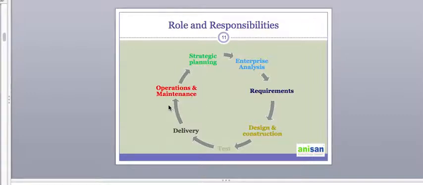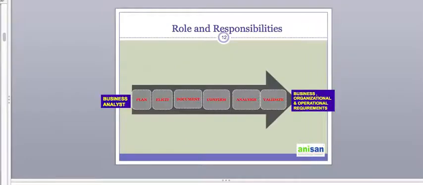And in operation and maintenance, we may need to enrich and enhance the solution, so we may have to implement new changes in the form of features or functionalities or fine tuning the solution. At that time this cycle will start again: strategic planning, enterprise analysis, requirement design and construction, testing and delivery. Okay, and another diagram, if you see, is also the same, but it is a linear one.